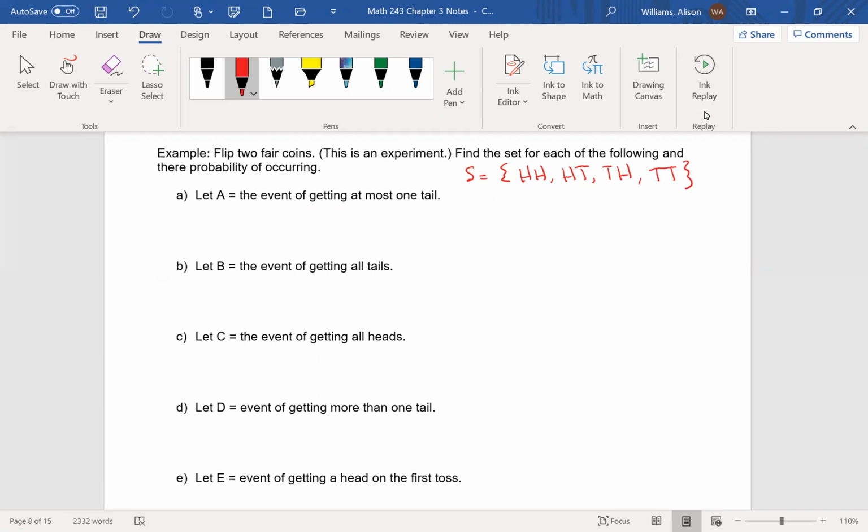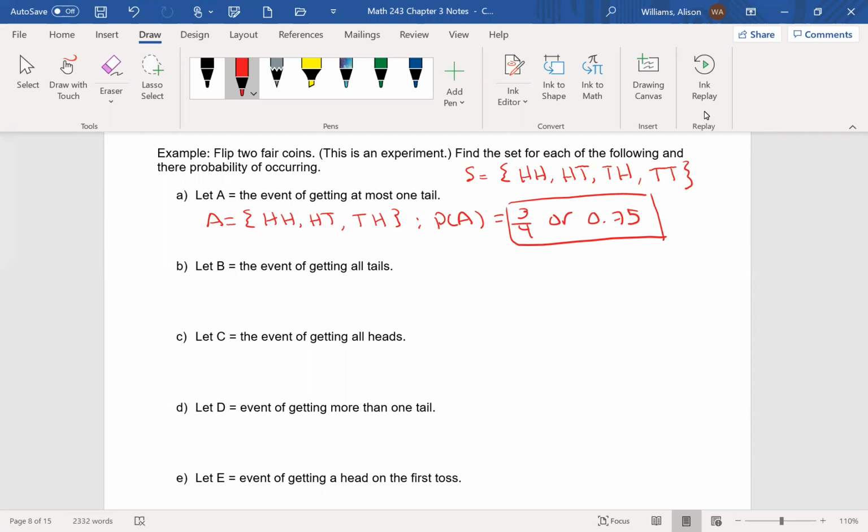You could have less than that, in other words, zero tails. So the outcomes that would qualify would be heads, heads, heads, tails, and tails, heads. Those would all work for getting at most one tail. And then the probability of A is going to be 3 out of 4 or 0.75 or 75%.